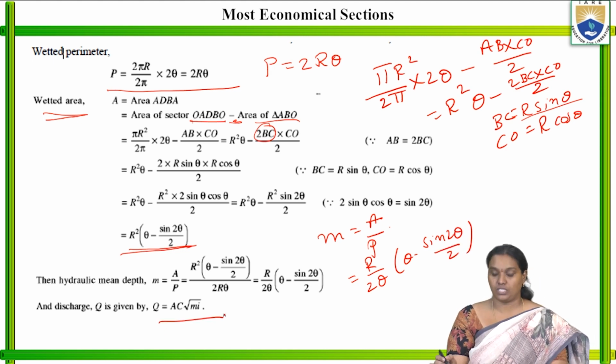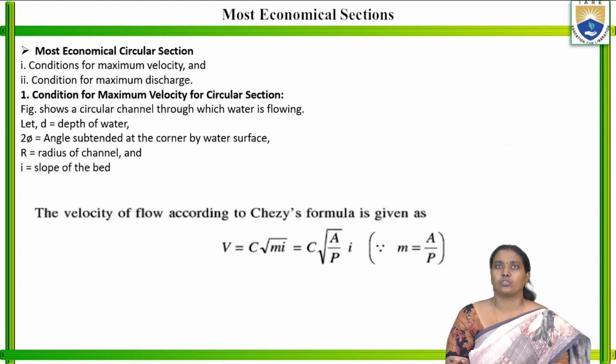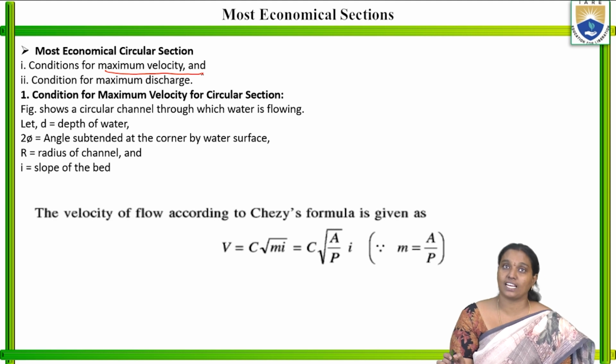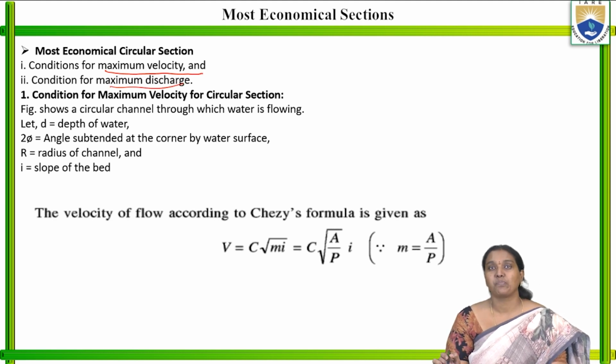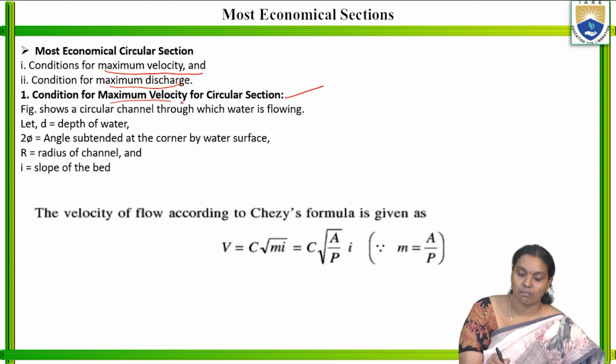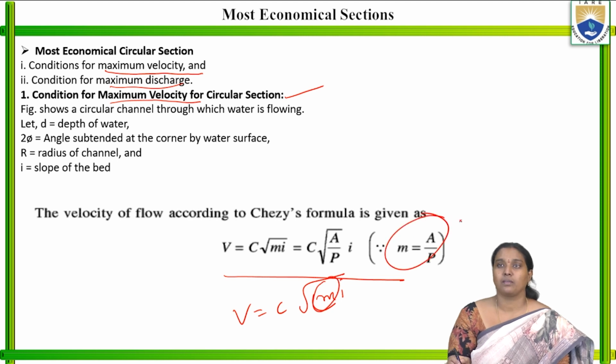Discharge Q is equal to AC root MI, as per Chezy's constant. For the most economical circular section, we have two conditions: the condition for maximum velocity and the condition for maximum discharge. The first is based on maximum velocity. Velocity V is equal to C root MI, where M is equal to A by P.